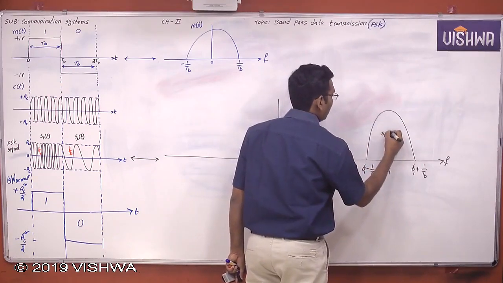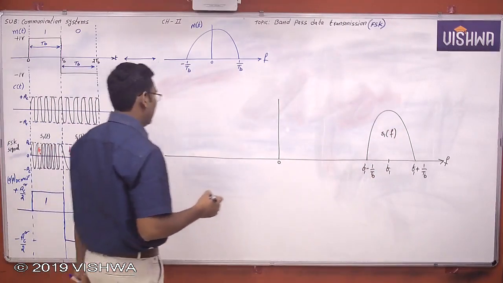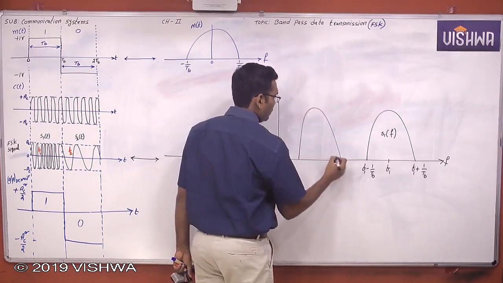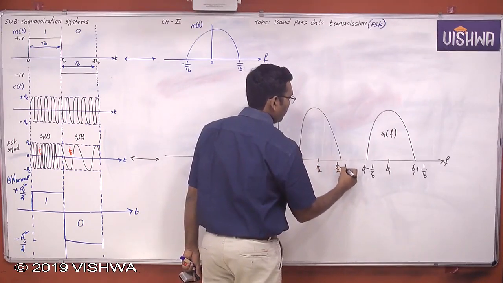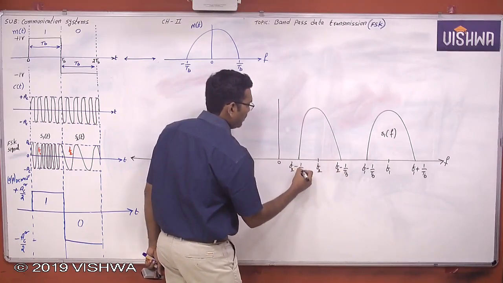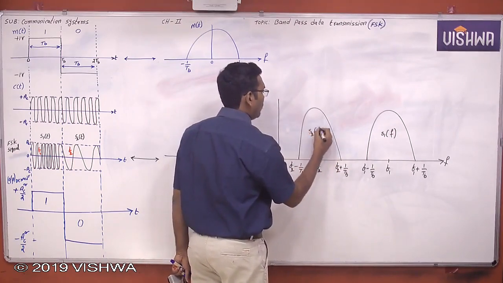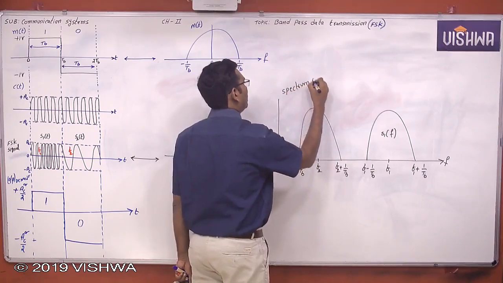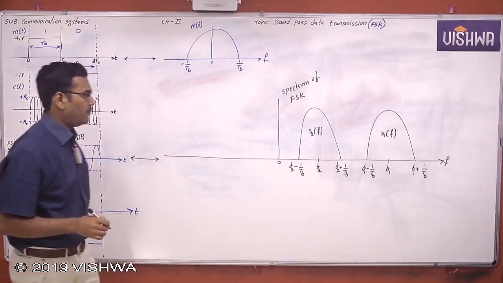This is S1 of F. Now for S2 of t, which is low frequency, because F2 is a low frequency, I can write nearer to the origin: F2 minus 1 by TB, F2 plus 1 by TB. This is for S2 of F. This is the spectrum of frequency shift keying signal, FSK signal.